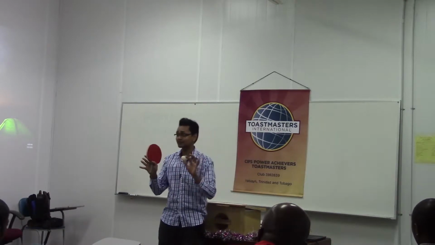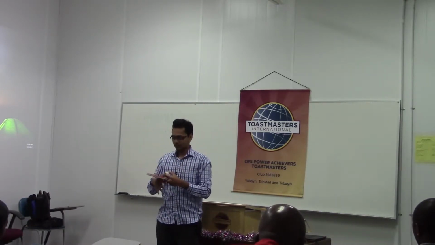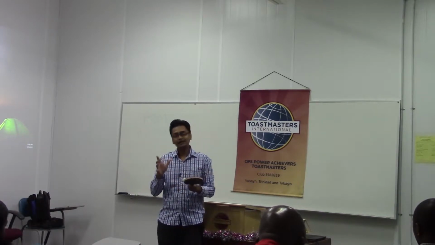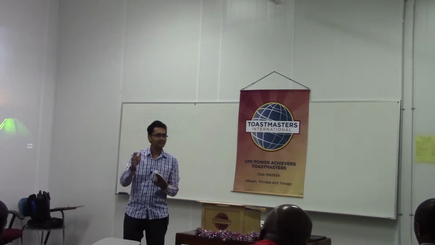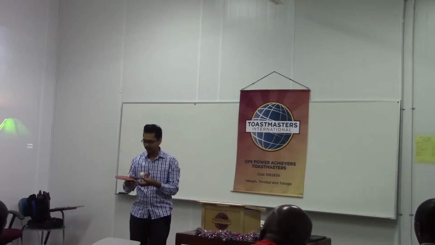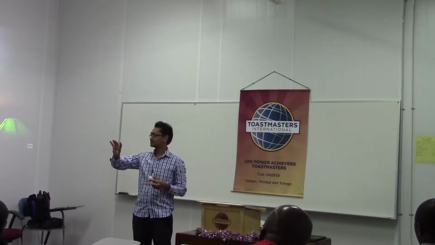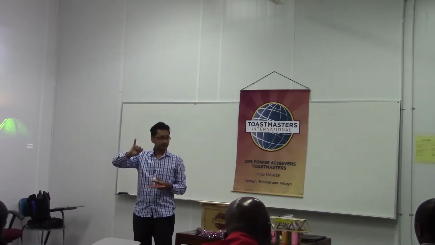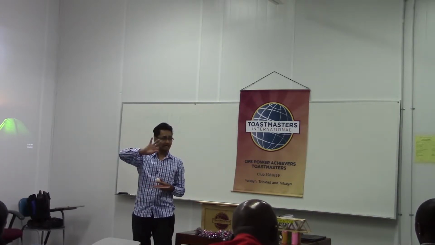Now there are 4 types of spin, and each spin does something different. The last spin could be considered a spin or it could not. The first spin I would go through is side spin, but before that, let me list the 4 spins. The first is top spin. The second is back spin. The third is side spin.